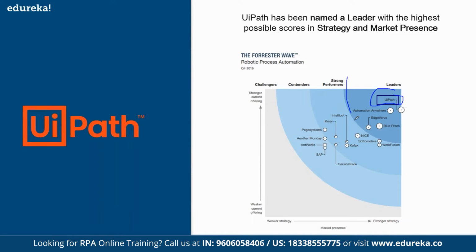This quadrant comes under leaders, and among those you have UiPath, Automation Anywhere, Blue Prism, Edgeverse. Your UiPath is somewhere here, which is currently leading, and the toughest competitor for UiPath is Automation Anywhere. All right, so this is your UiPath.